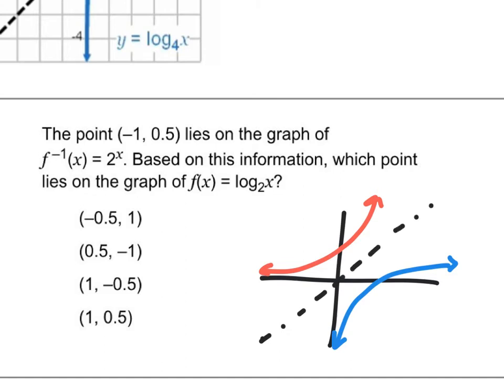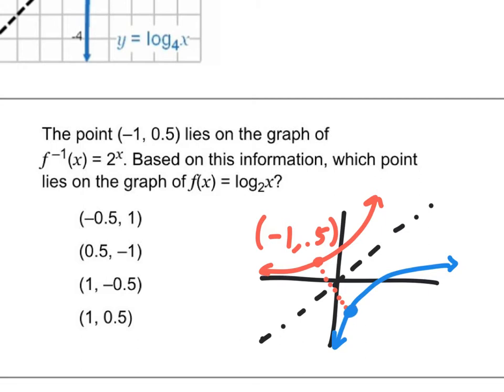If you've got the point negative 1 comma 0.5 on this graph, then what would the corresponding point be on the inverse function, on your log function? What do you just do?